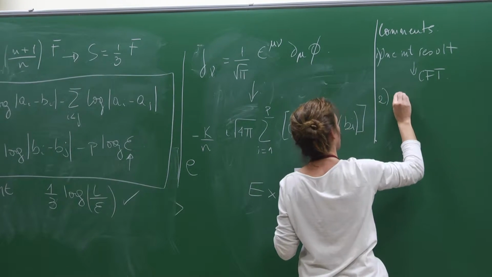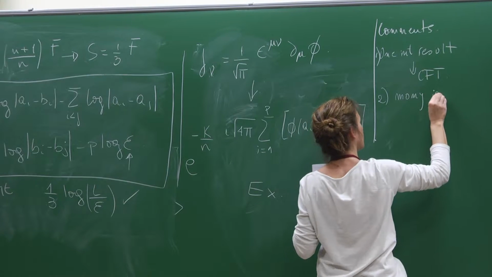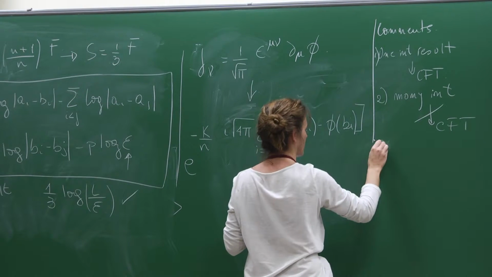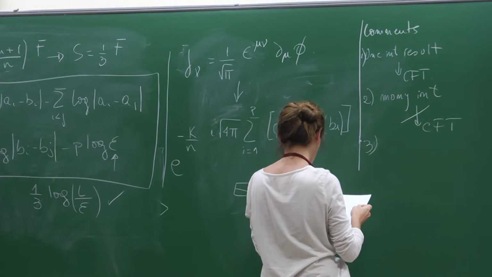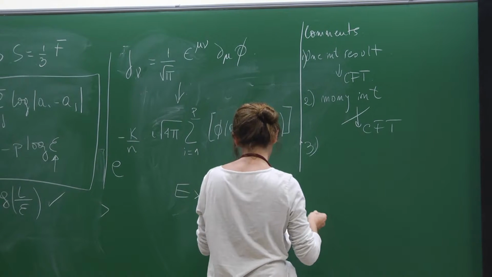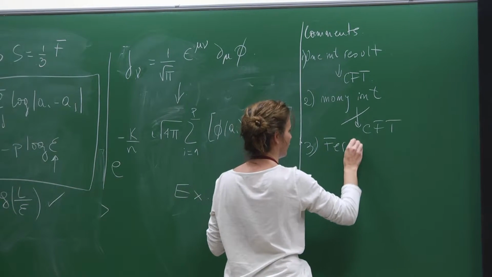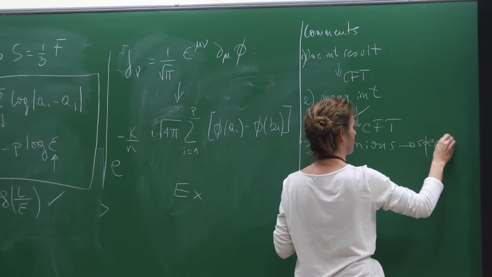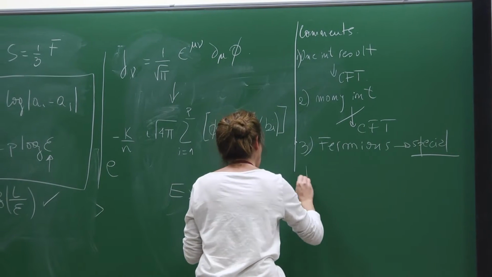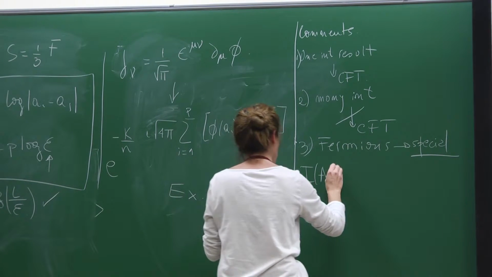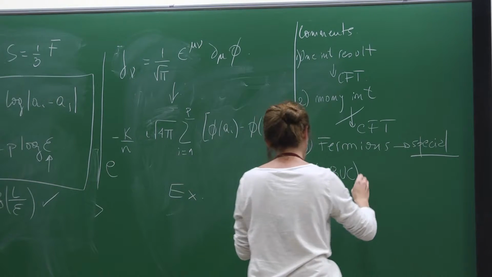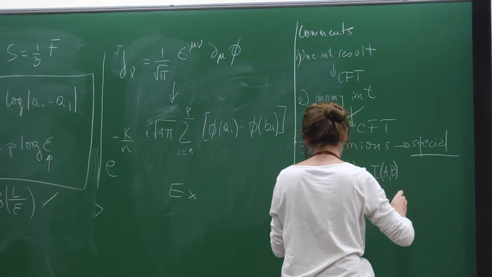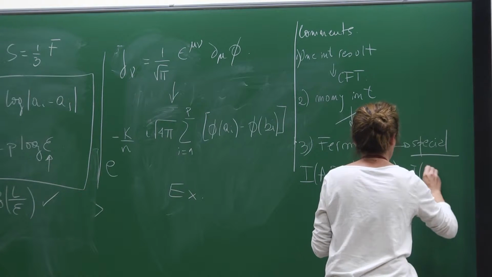Second, if you have many intervals, this is not true. Third, which is interesting, is that fermions are quite special in a sense. And what is true only for fermions is that, for example, the mutual information is extensive in this sense.